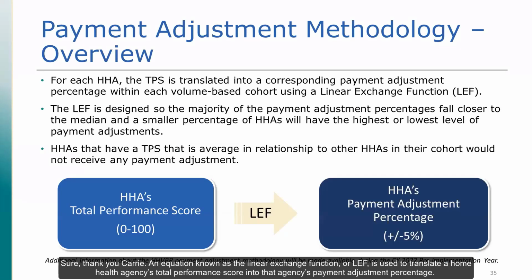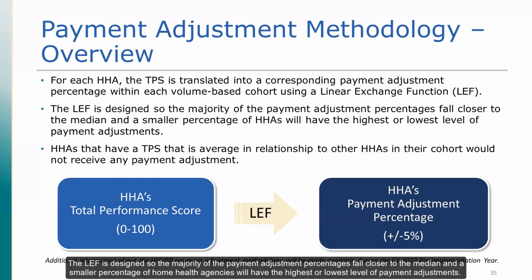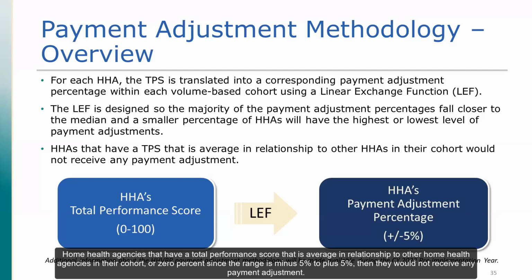Sure, thank you, Carrie. An equation known as the linear exchange function, or LEF, is used to translate a home health agency's total performance score into that agency's payment adjustment percentage. The LEF is designed so the majority of the payment adjustment percentages fall closer to the median, and a smaller percentage of home health agencies will have the highest or lowest level of payment adjustments.